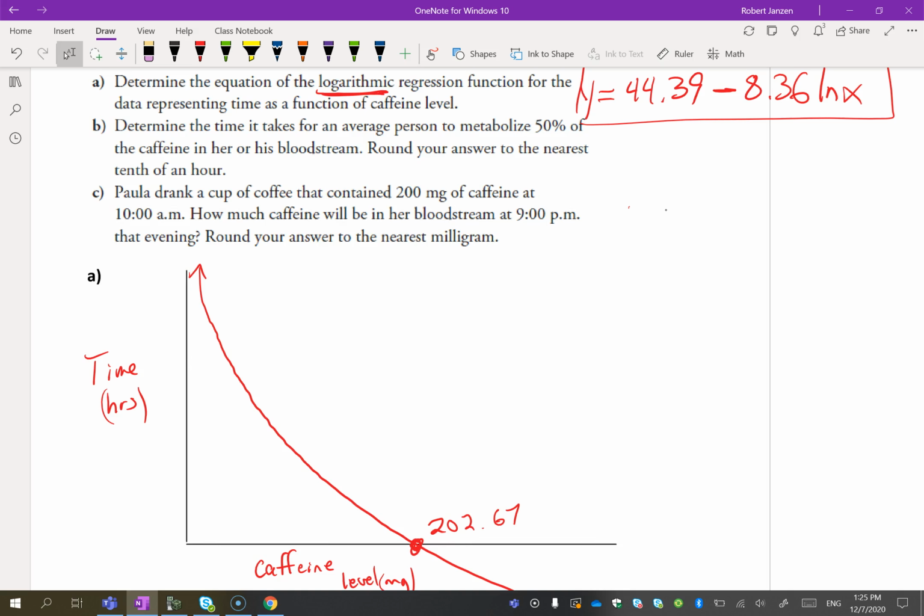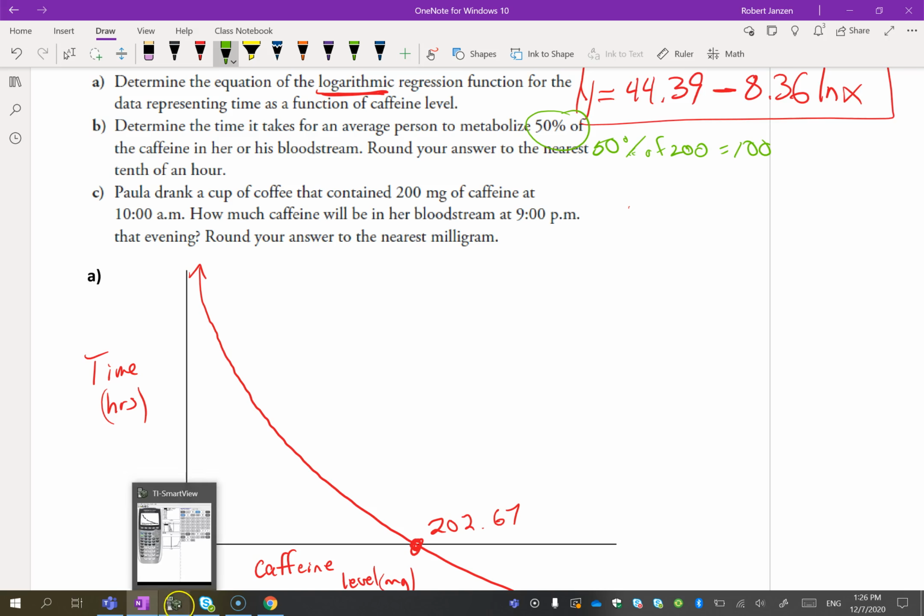Let's do B. Determine the time it takes for an average person to metabolize 50% of the caffeine in his or her bloodstream. Okay, 50%. Well, what does 50% mean? Well, if we started with 200, I think what I want for 50% of 200 is, where is there 100 milligrams?